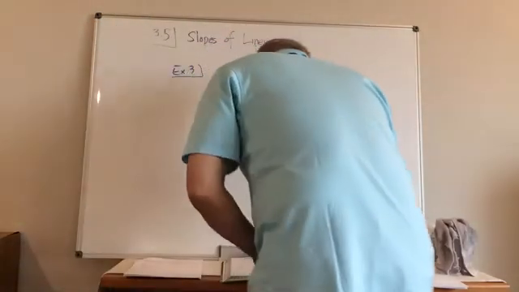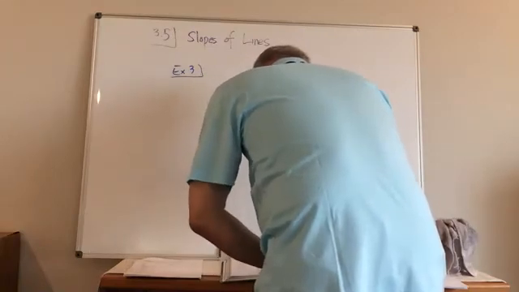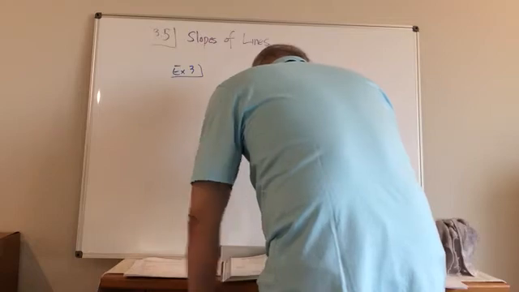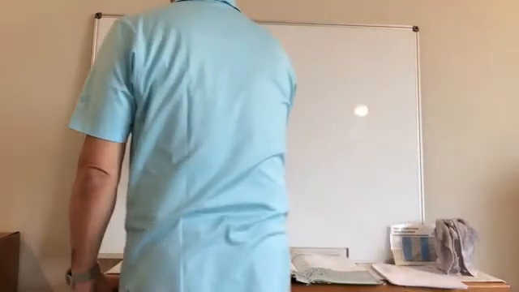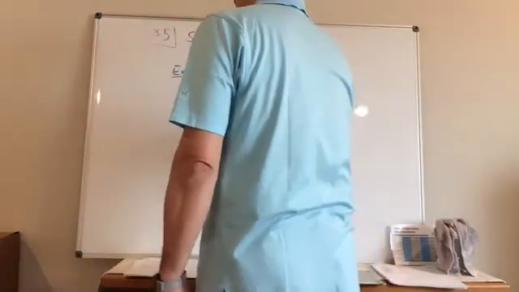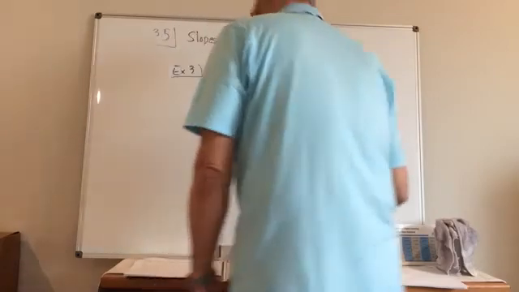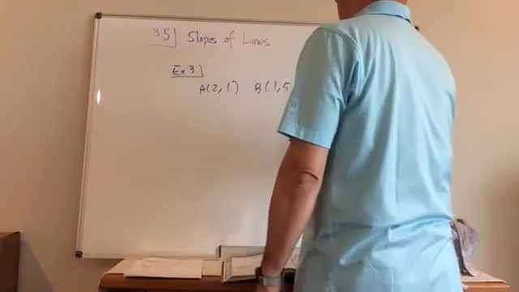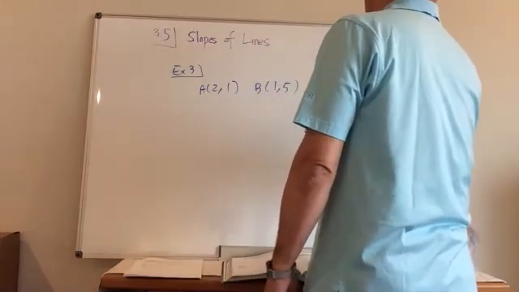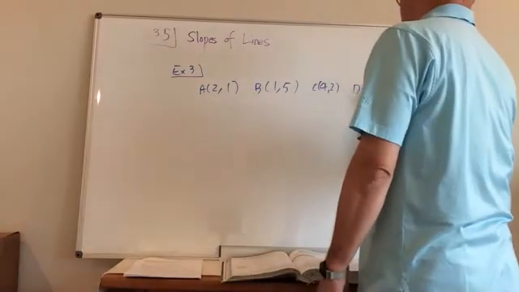Example number 3, graph each pair of lines. Use the slopes to determine whether the lines are parallel or perpendicular or neither. Okay, so AB, where A is (2, 1), B is (1, 5), C is (4, 2), D is (5, -2).